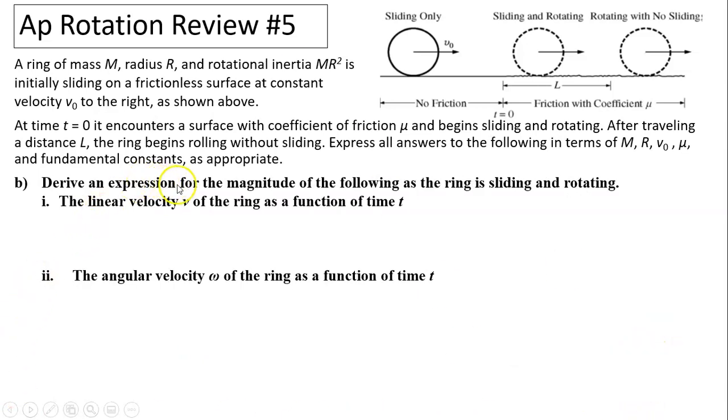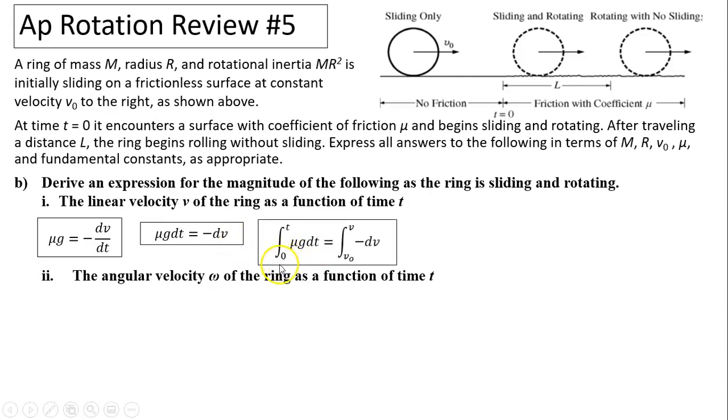Next part, derive the expression for the magnitude of the following as the ring is sliding and rotating. First, we find linear velocity. From the differential equation in the last part, we have mu g equals negative dv over dt. We integrate to find v. Multiply dt on both sides: mu g dt equals negative dv.